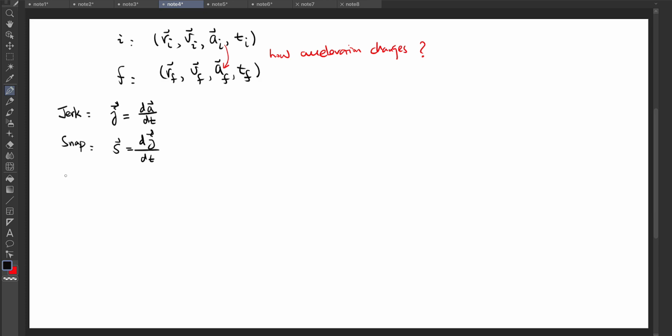The next order will be crackle. The symbol is C, ds dt, the rate of change of the snap. And then the rate of change of the crackle is called pop, dc dt.